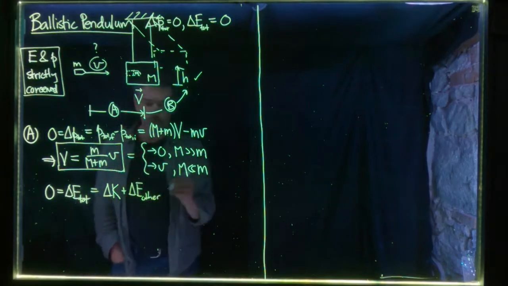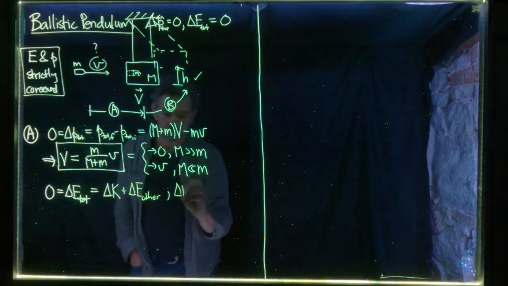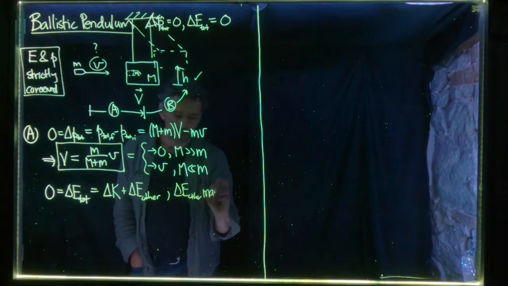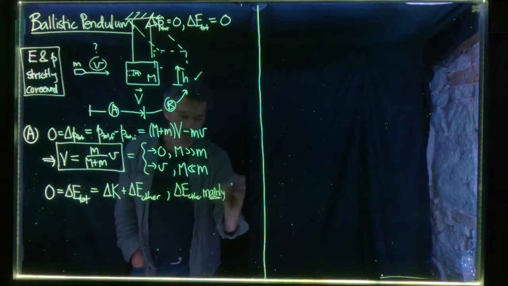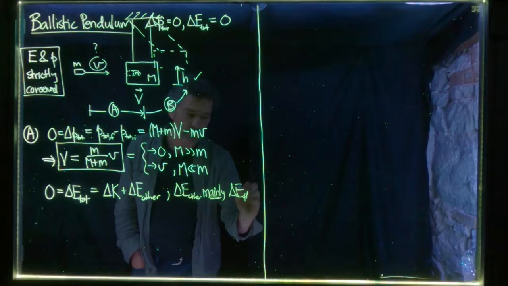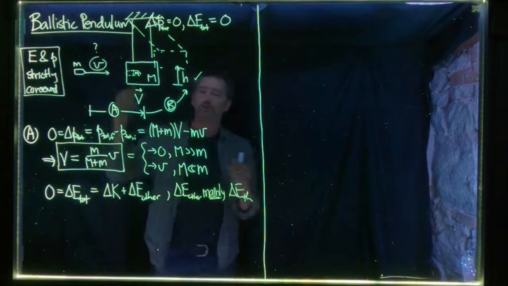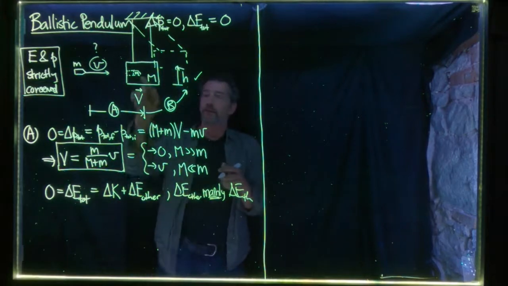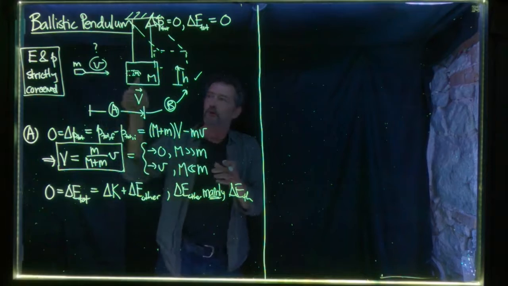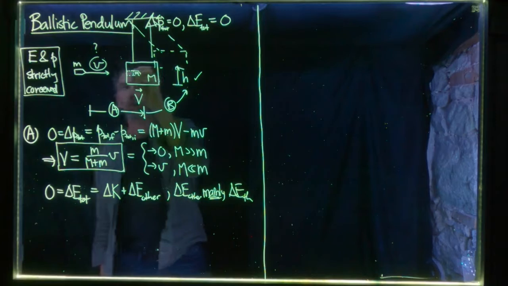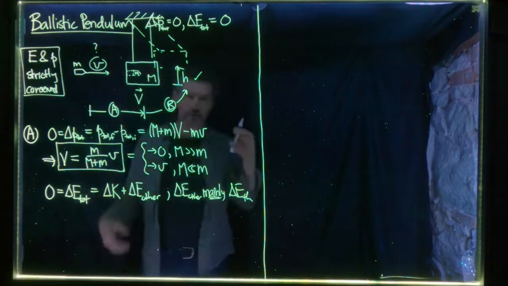But I just want to make an important point that delta E other in this situation is mainly delta E thermal. The point is, when you do this experiment, you find that that bullet is super hot after it comes to rest in big M. And if this is a piece of wood, this hole that it bores into the piece of wood is completely charred.